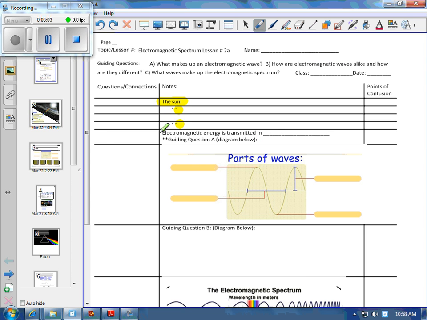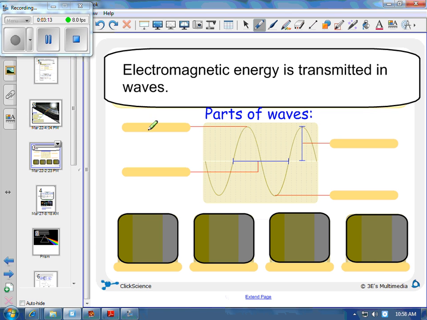The next part of our notes asks how the electromagnetic energy is transmitted. So I'm going to move to this page. Electromagnetic energy is transmitted in waves. And here I have a diagram of a wave. Okay?